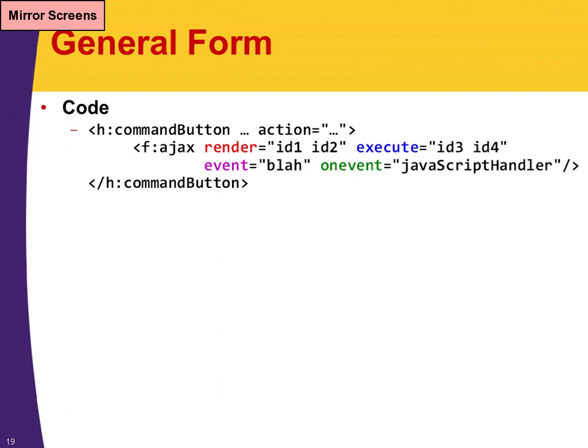And then we have a couple of other things: the event, which can be used as a trigger, and onevent, which allows you to get inside the Ajax request itself and monitor it or do something based upon the steps it has to go through in order to complete the call to the server side. That's a little bit more arcane, and I'll show you an example where something like that might actually be used. So that's the more general form.